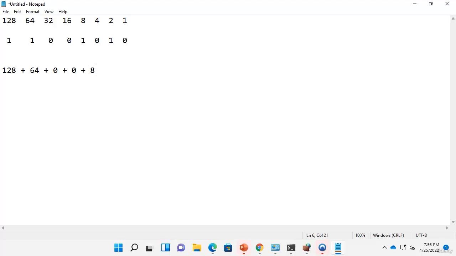We're going to count the 8-bit. We're not going to count the 4-bit. I'm a little offline here. We are going to count the 2-bit, and then we're not going to count the 1-bit, okay? So then basically we just add up those numbers. So 128 plus 64 is going to be 192, plus 8 is 200. So this binary number represents the decimal number 202.